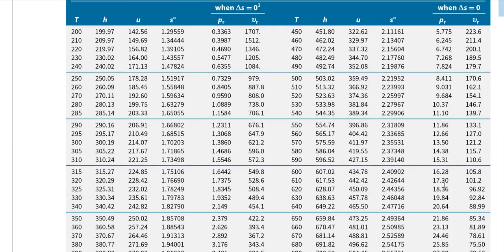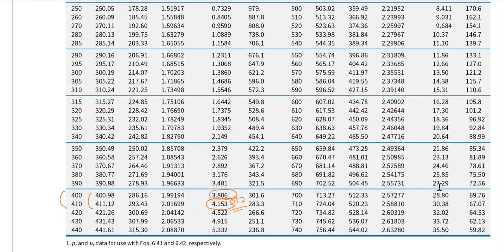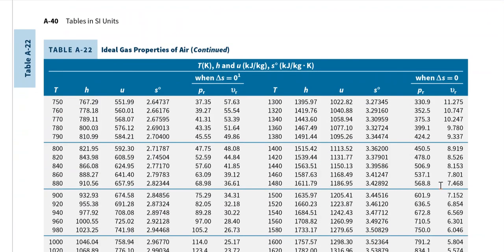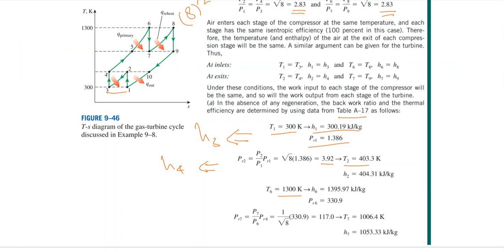At 1300 Kelvin, we have the enthalpy, which is 1395.97, and the pressure ratio, which is 330.9.